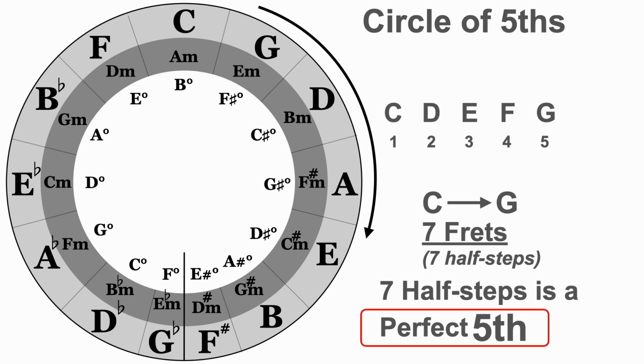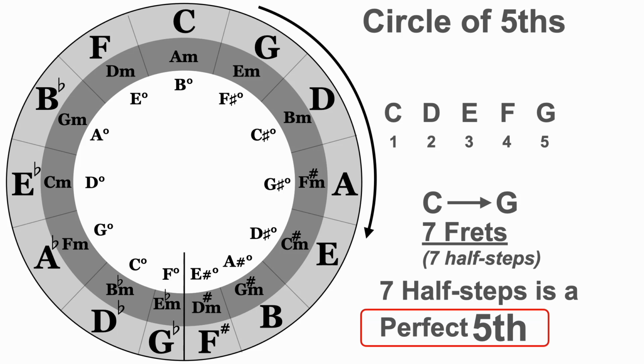We call 7 frets, or 7 half steps, or 7 semitones a perfect fifth. It's the exact same thing as if we say 12 frets, or 12 half steps, or 12 semitones is an octave. It's just a name. When we talk about 7 frets, we talk about the perfect fifth. And it is truly because of this that we call this the circle of fifths.